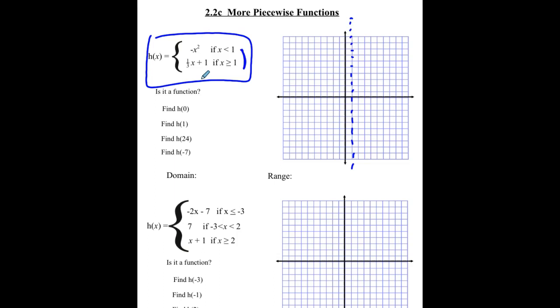So we can plot some points. For that first one, we have 0, 0 being the vertex. What are some other points that would fit? 1, negative 1. Now, is that going to be an open or closed circle? Can I be at 1? No. So I am going to put a dot at 1, negative 1, but it's going to be an open dot.